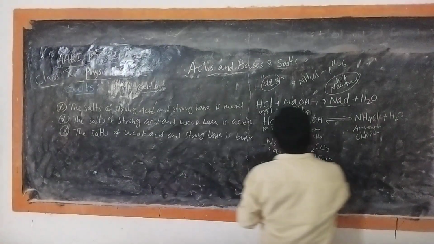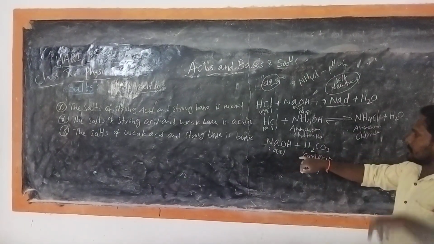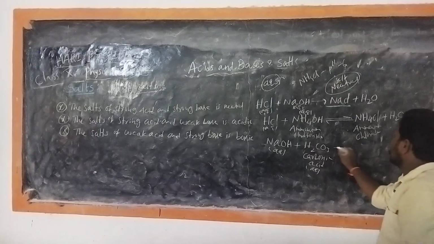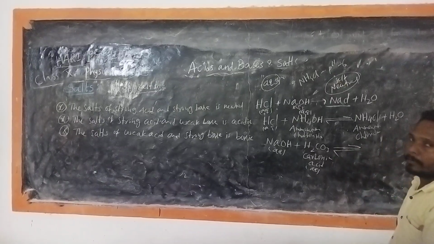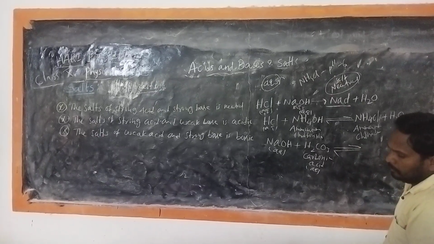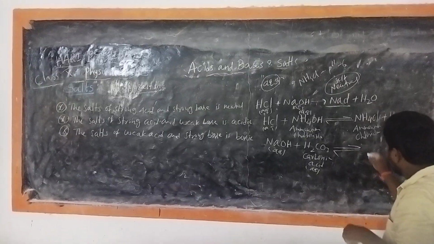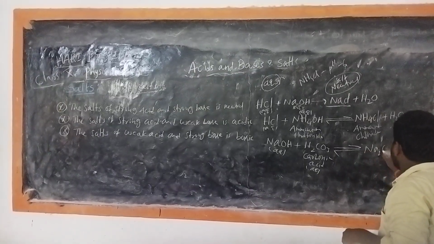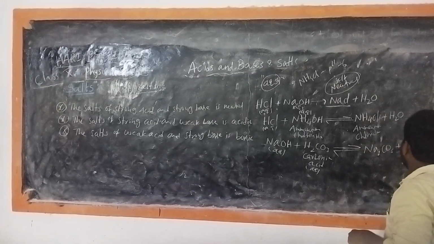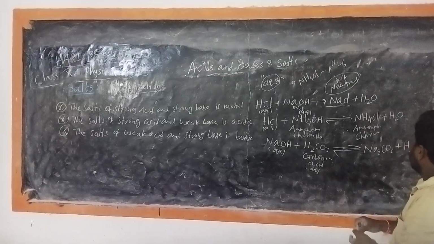Sodium hydroxide is a strong base. Carbonic acid is a weak acid. Together they form sodium carbonate plus water.